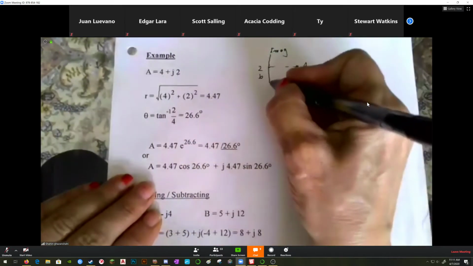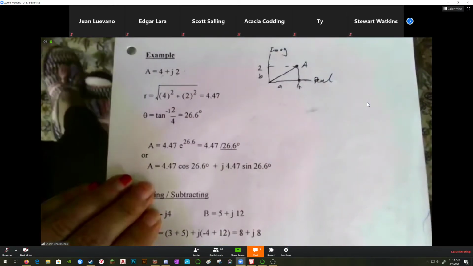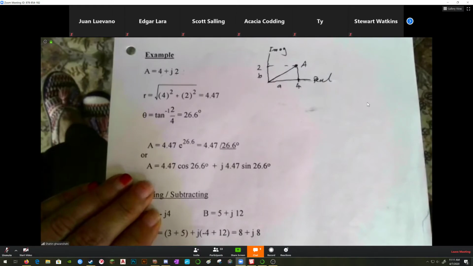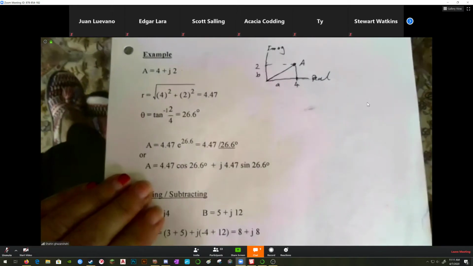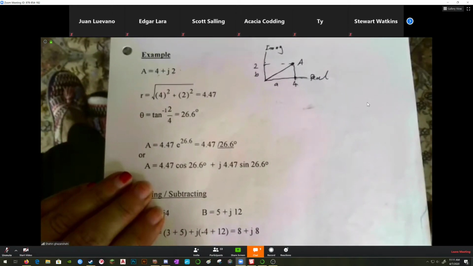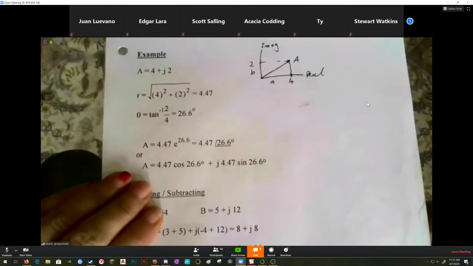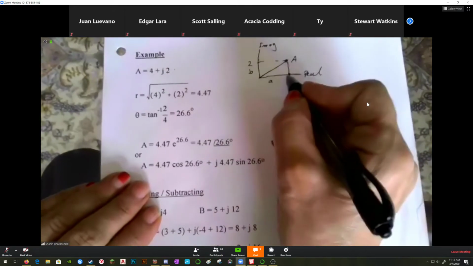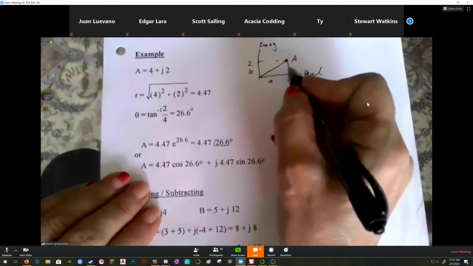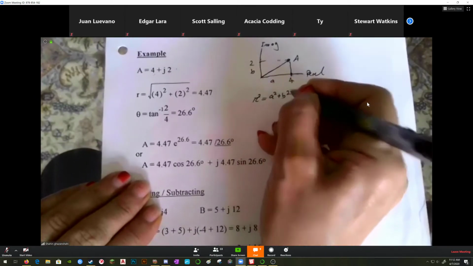Now, if I want to change this to exponential form, because we need to go back and forth when we do our complex number calculation. For adding, I need rectangular form. For multiplying, I can use rectangular or exponential. So we have to go back and forth. Okay, we can calculate R: R square is A square plus B square, correct?